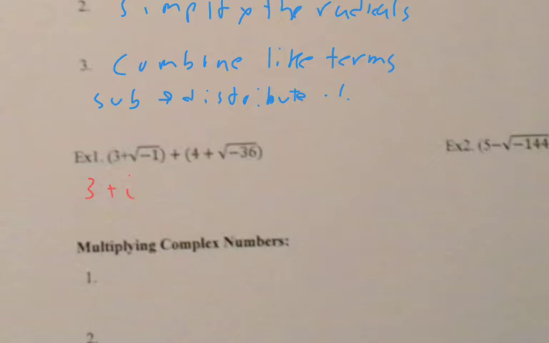Since it's addition, we don't need the parentheses after you do the things inside the parentheses, plus 4. Remember, we have our negative, so make that an i, and we make it plus 6i. What's our next step? Combine like terms. We have 7 plus 7i.